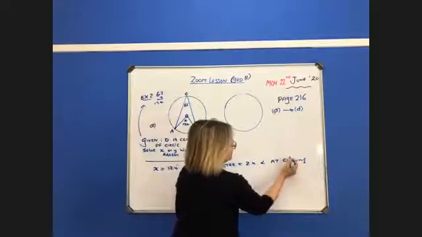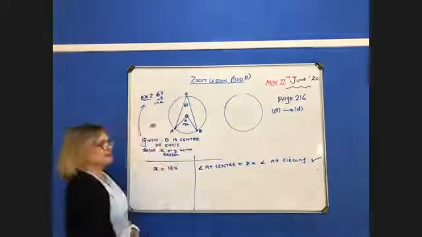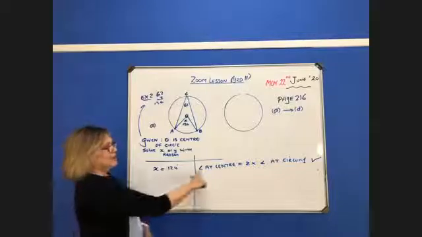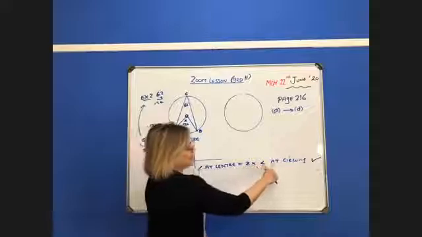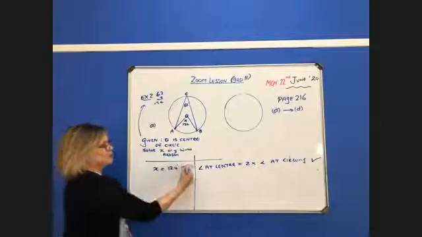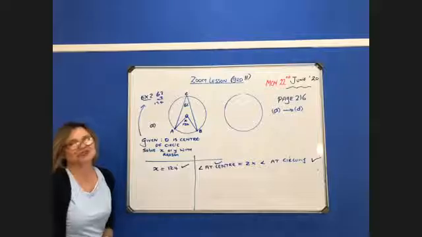You cannot abbreviate it anymore. I've already abbreviated it. The textbook is happy with that symbol being angle equals 2 times angle at circumference. And that would have been 2 marks. Do you see what I'm saying?